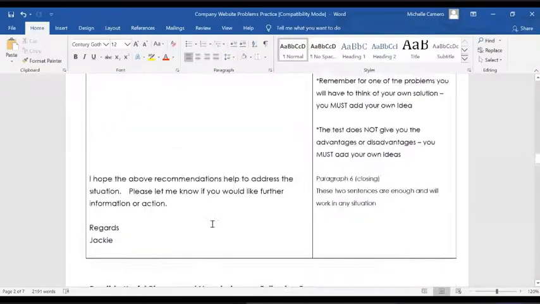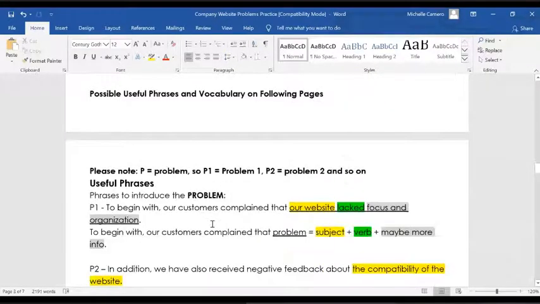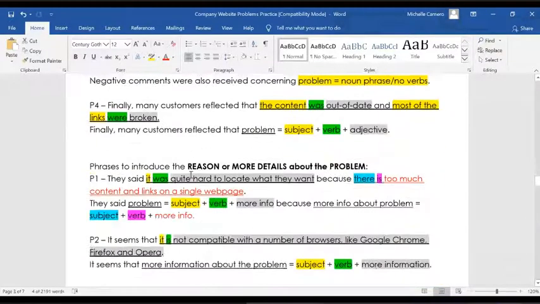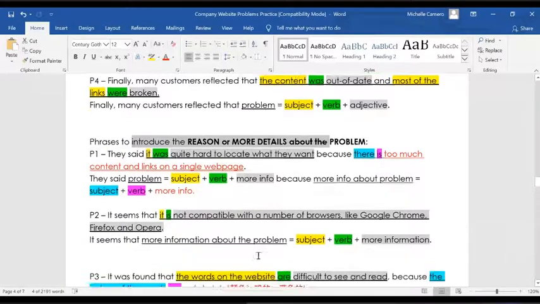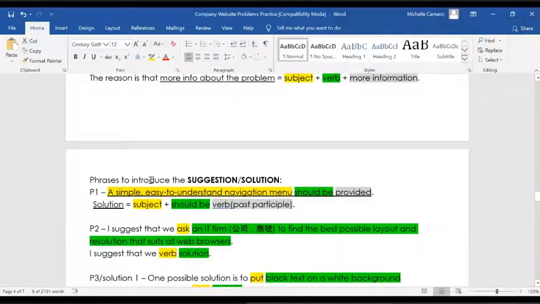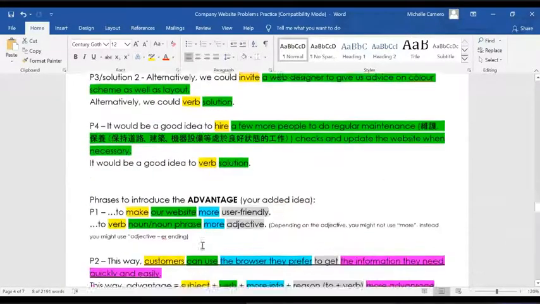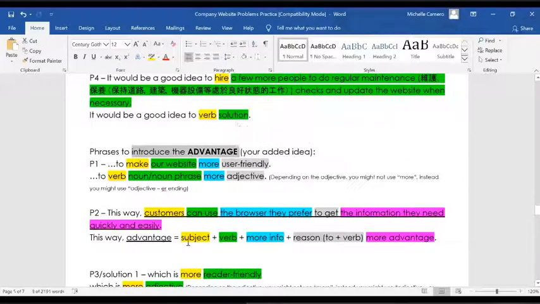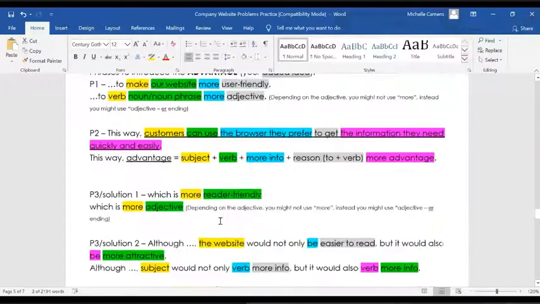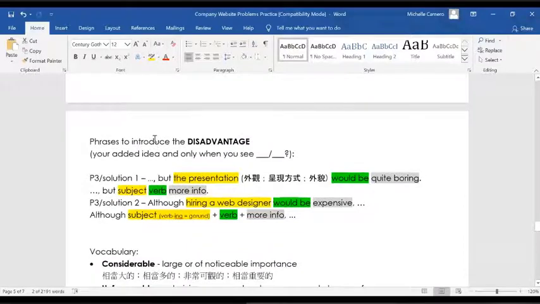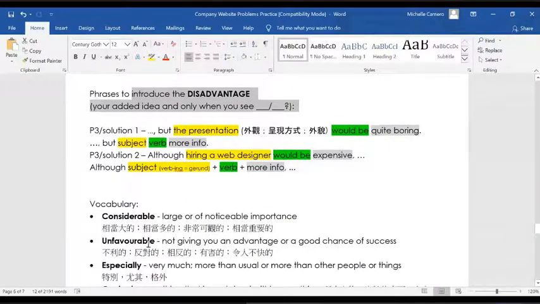And then we went over the different phrases or words you can use to introduce the problem, words you can use to introduce more details about the problem, words you can use to introduce the suggestion or solution, words you can use to introduce the advantage, which is, remember, your added idea. And then also words you can use to introduce the disadvantage, also your added idea. And there's vocabulary. All right, I know that was long. But I hope that really helps you. And again, I will send this to you by tomorrow sometime.